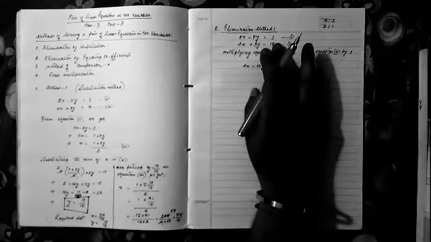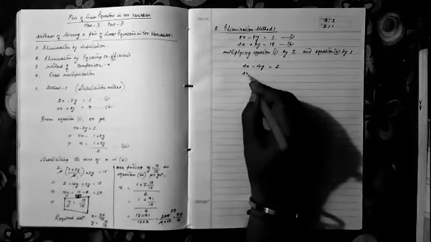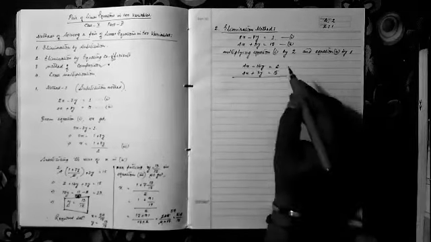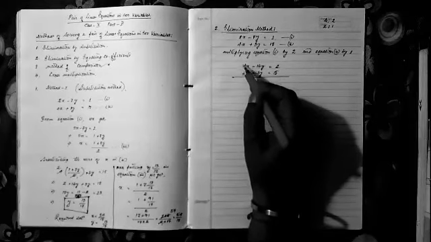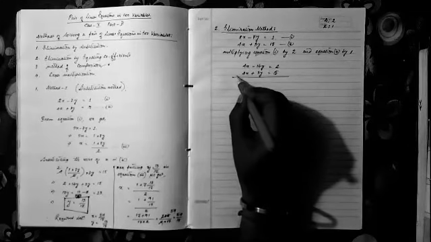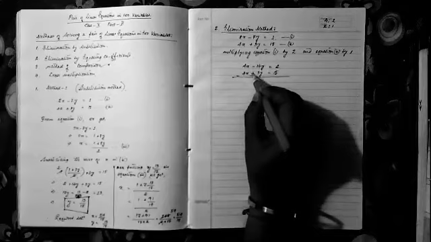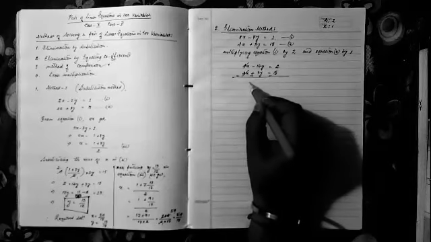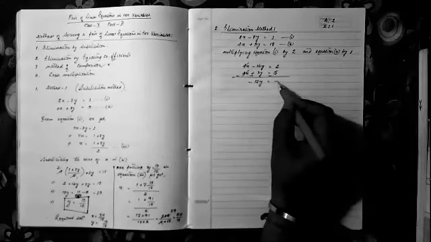Multiplying this equation by 1, it is 4x plus 3y is equal to 15. Now we have to cancel 4x, as these two have the same sign. To cancel, we subtract, so the signs will change. So 4x minus 4x cancels. Minus 14y minus 3y gives minus 17y is equal to 2 minus 15, which is minus 13.